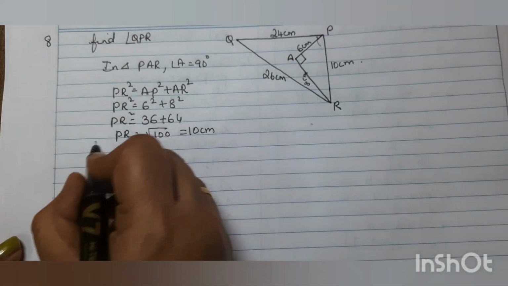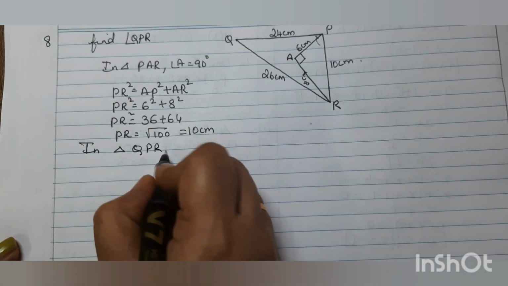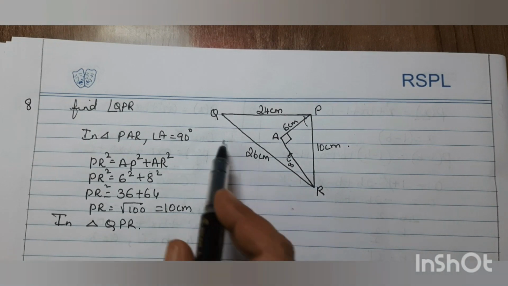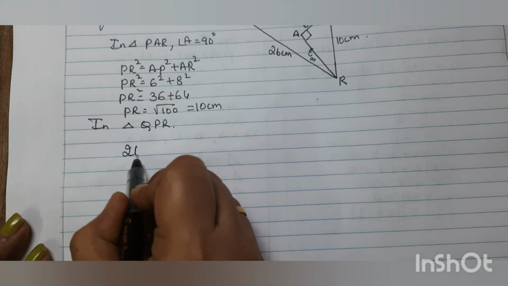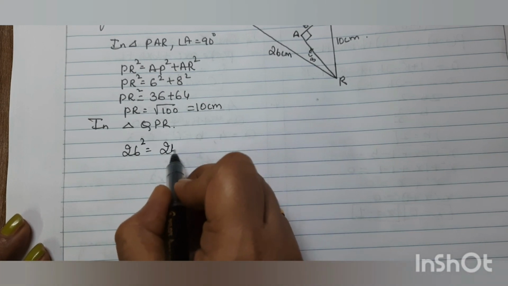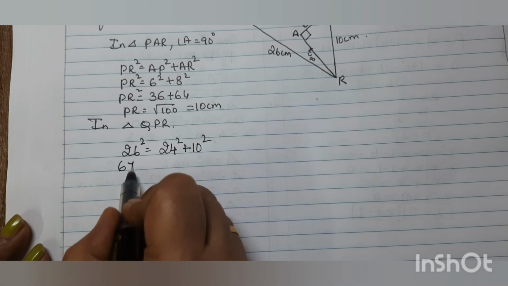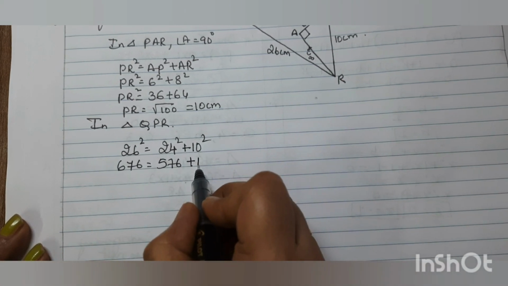So we will start with triangle QPR. I will take the longest side here, 26, 24 and 10. So we will have to check it: 26 square versus 24 square plus 10 square. So this is 676, 576 plus 100.